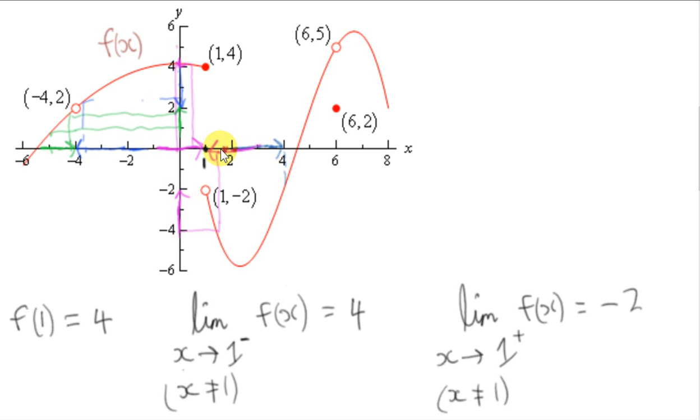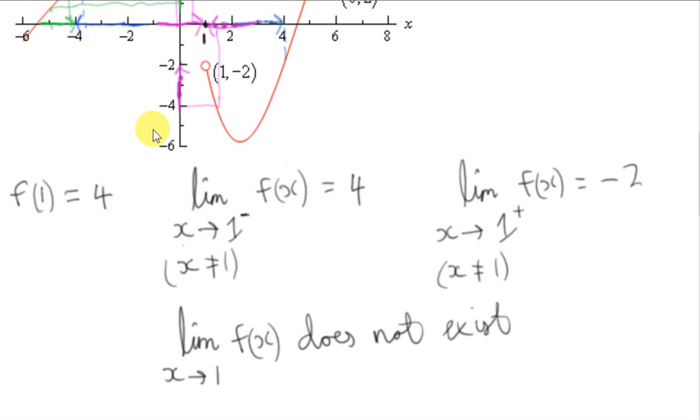So as we take values along here that are getting closer and closer to 1 but never reaching 1, we can see that the values of the function are getting closer and closer to minus 2 but never reaching minus 2. Since both of these limits give different results, we say that the limit as x tends towards 1 of f of x does not exist.